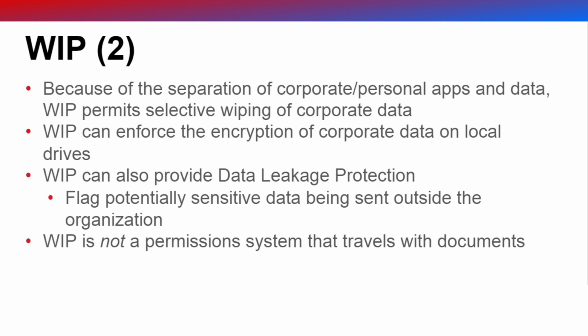We can set up some DLP rules in WIP that say, if you're sending an email and it's got a social security number in it, we're going to flag the author and say, are you sure you want to send this? It looks like this has got a social security number or a credit card number in there. Or we can just block it. We can just say, no, we're not going to send it. So we do have some DLP capabilities that we can implement with WIP.